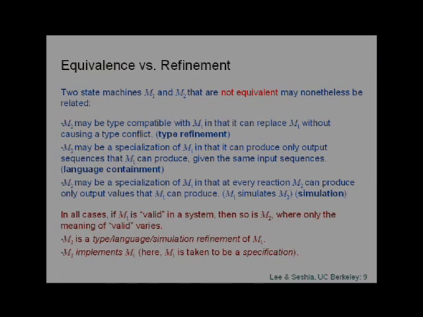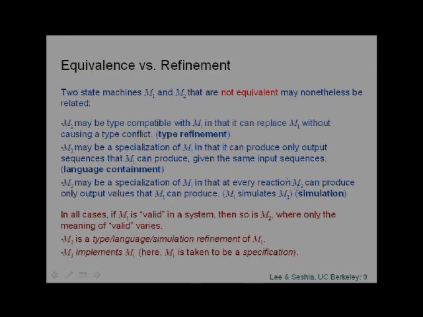The second thing is that M2 might be a special kind of M1 where it can only provide output sequences that M1 can provide. This is called language containment, so we'll get to that as well. And the third aspect is called simulation. In simulation, one machine can imitate the other, but not necessarily vice versa.